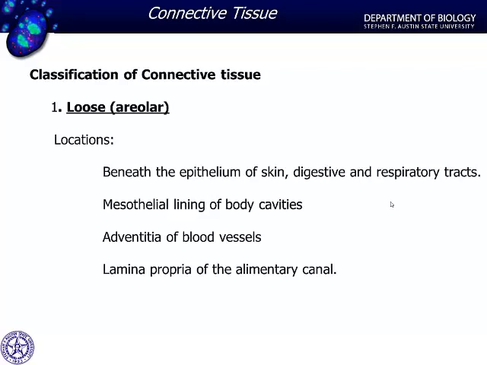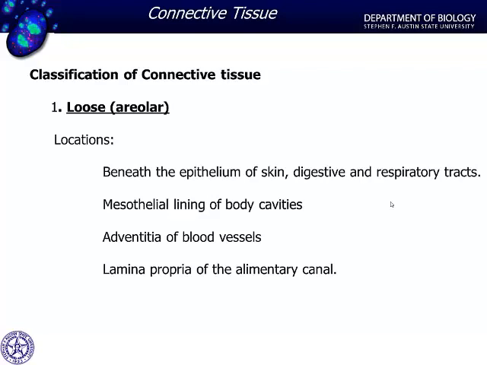All right, now we're going to look at the organization and classification of our connective tissue. And this is principally going to revolve around the amount of fibrous tissue that we see versus the number of cells that we see in a particular tissue. And our first classification we're going to look at is referred to as loose connective tissue or areolar connective tissue.